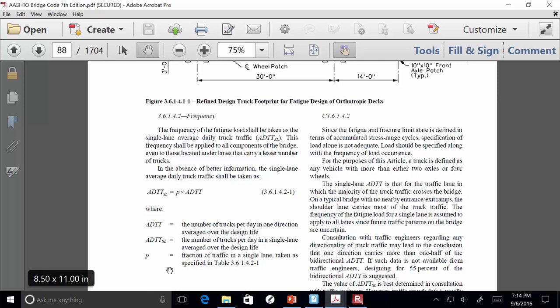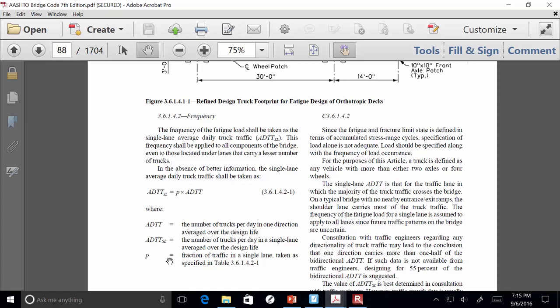Some stuff later, which is pretty nifty, is the ADT discussion, which I know my transportation folks have heard of before, I've got to believe. But what we care about in bridge engineering is the average daily truck traffic, and not only that, but the average daily truck traffic that's within a single lane, okay? And that goes into our fatigue loading that we'll discuss later.